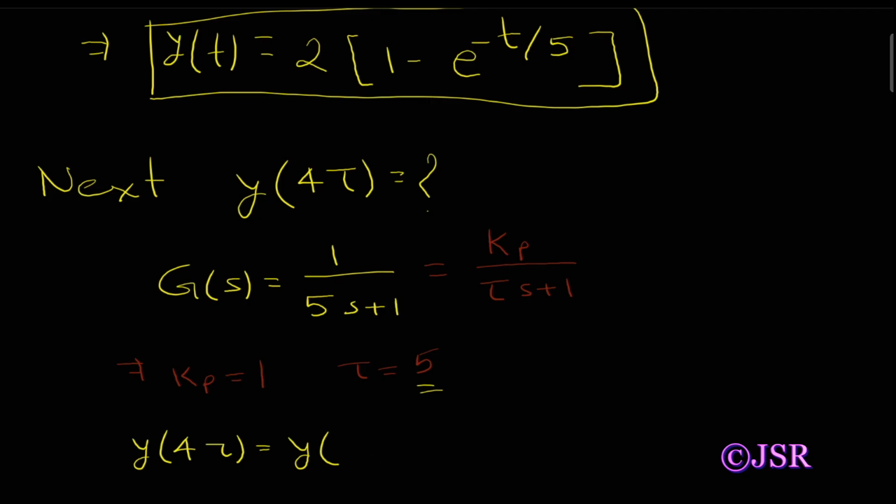So y at 4 into 5, that is 20, and this can be given as twice of 1 minus e to the power minus t upon 5.